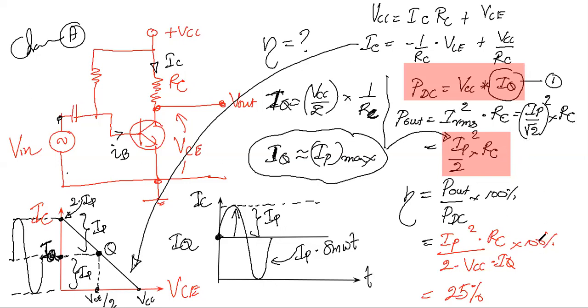Then you can get something. This IQ you can substitute. Just try to solve this one, okay? So you can substitute this IQ by using these equations. Just substitute this IQ here, and then that RC you can remove, VCC you can remove.